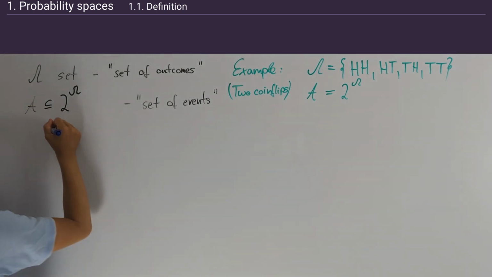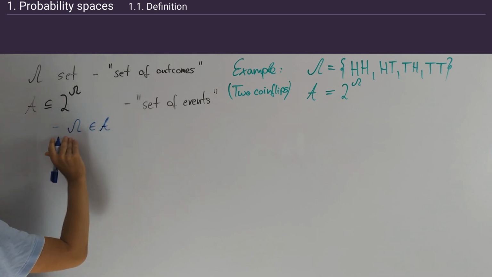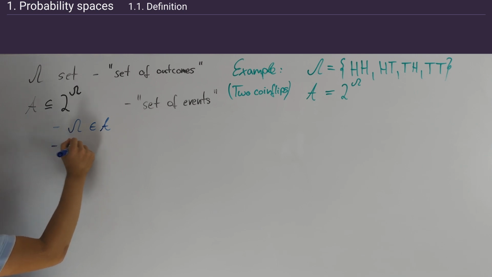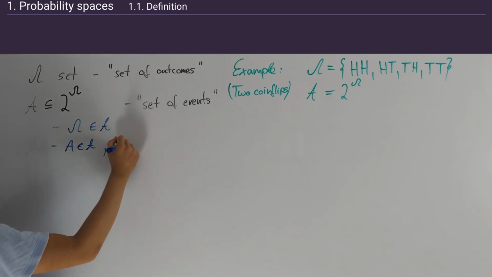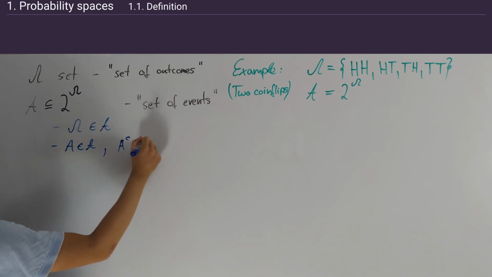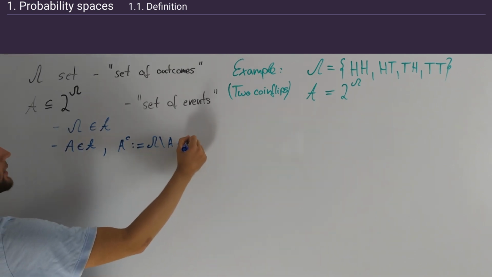Namely, the set omega itself should be contained in A, and this event will have probability 1. Moreover, for any event A in A, we would like the complement, A complement, which we define as omega minus A, to also be an event.